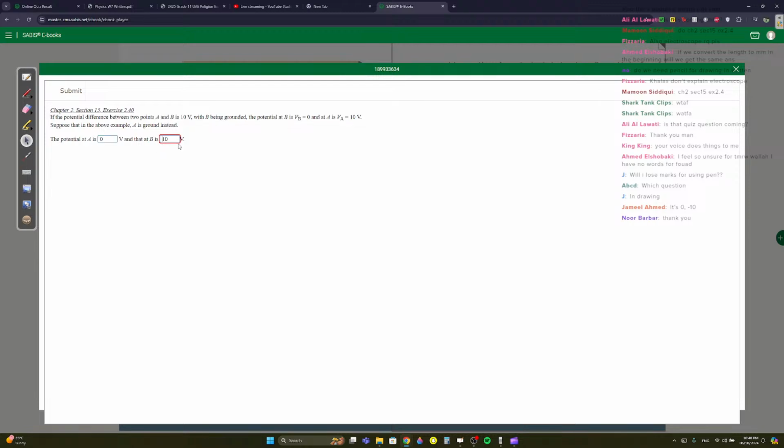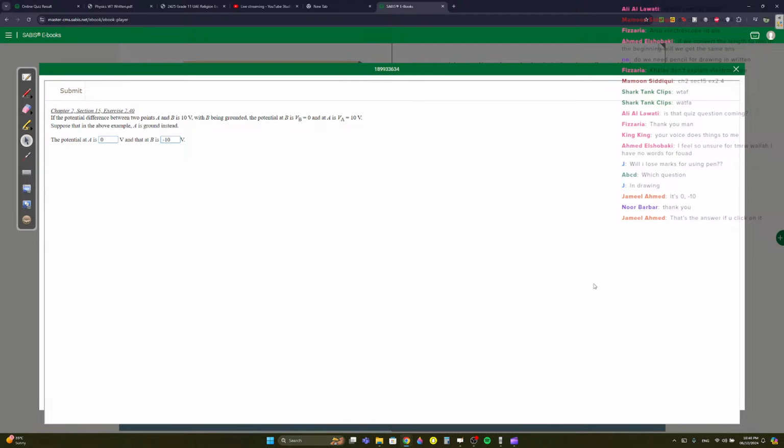Why is it negative? If the potential difference between two points A and B is 10, with B being grounded, the potential at VB is 0 and VA is 10. Suppose that A is ground instead. B minus A. To find the potential difference for VAB, you do A minus B, so 0 minus 10.